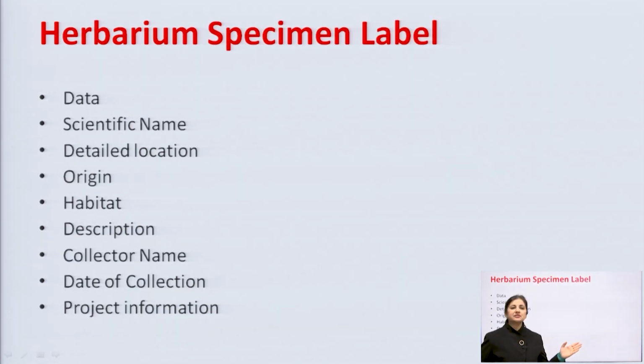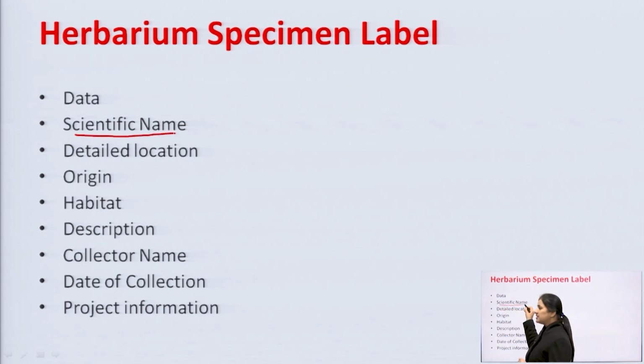Now, here comes the herbarium specimen label I was talking about. तो जब भी herbarium फाइल बनाई जाती है या herbarium बनाया जाता है, उसके अंदर कौन कौन सी information रहती है, what data does it contain? It contains the scientific name.